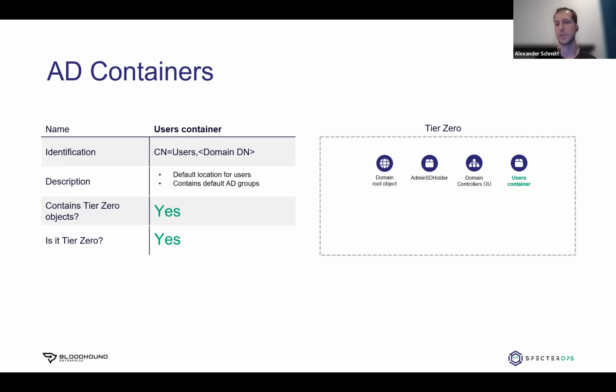But the solution is to create a tiered OU structure, basically to have all tier 0 objects and tier 1 objects in a respective container, secure that OU structure with very tight permissions, and then have solid processes around it to define how a tier 0 object is created and handled during its lifetime. Shameless plug, Jonas and I talked about that at Troopers this year, so if you're interested in more details, you can watch the recording.